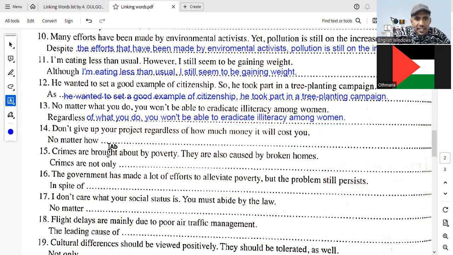Okay, number 14. Don't give up your projects, regardless of how much money it will cost you. We have here no matter how.